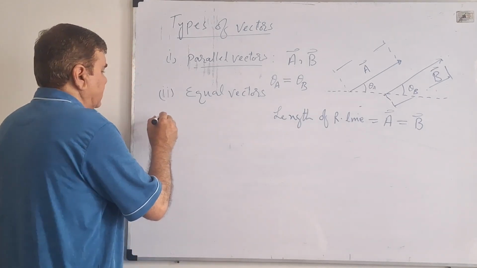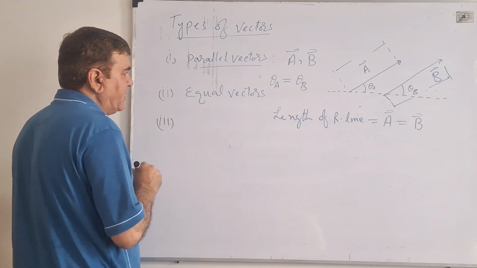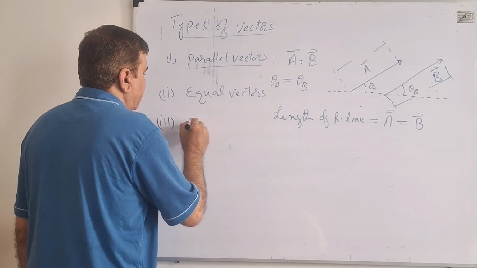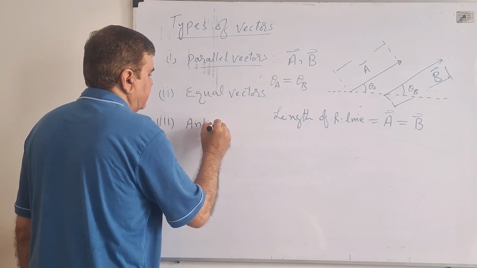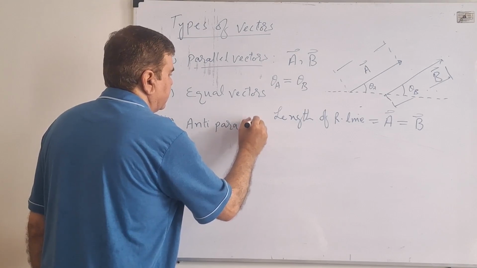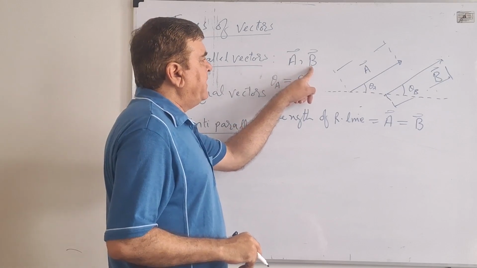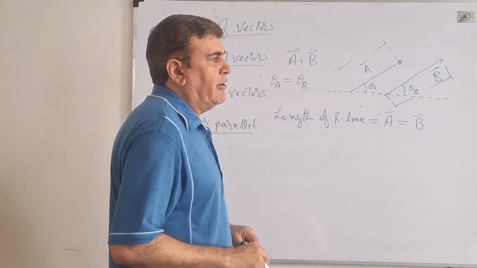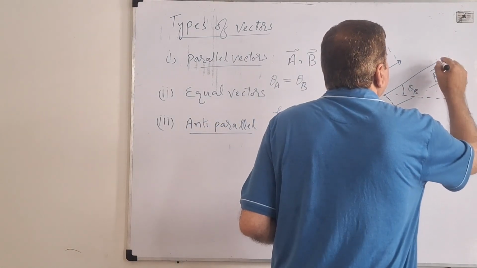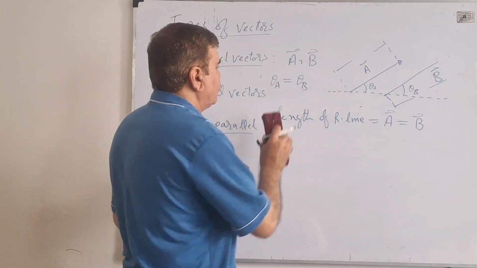The next thing that we use in vectors, algebra, vectors, geometry, is anti-parallel vectors. Two vectors, A and B, are said to be anti-parallel if I remove this condition, the length condition, that is not needed.